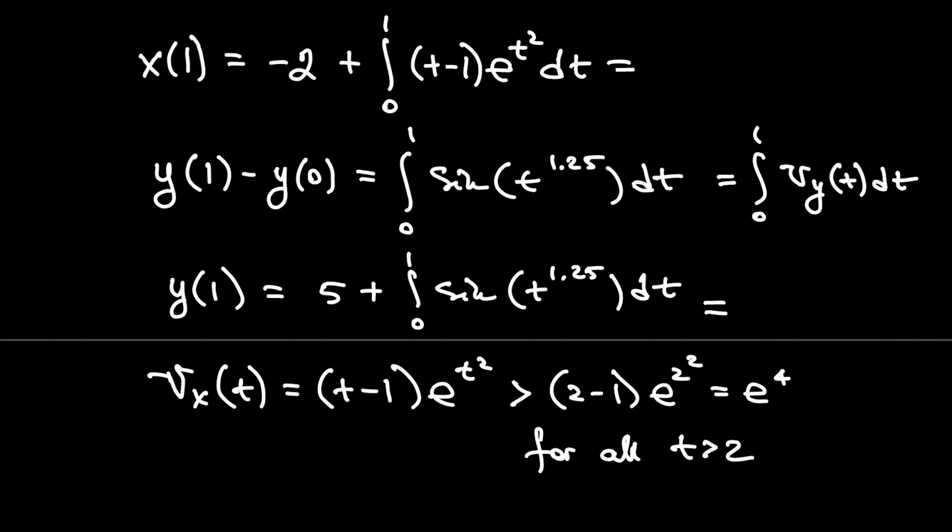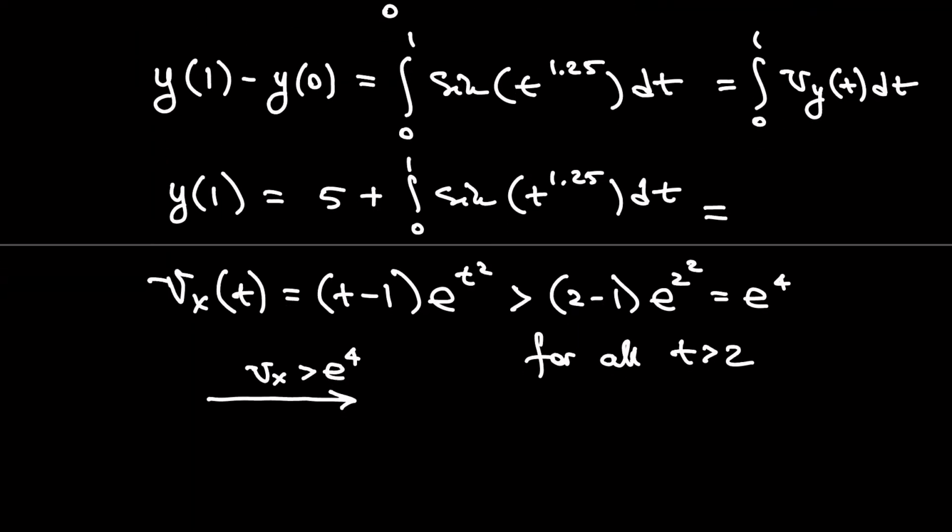So this particle moves to the right with a velocity of at least e to the power 4. It's actually much greater than that. So there will never be a point such that the particle will just stop and not go further to the right. So there is no such point at which the particle is farthest to the right.